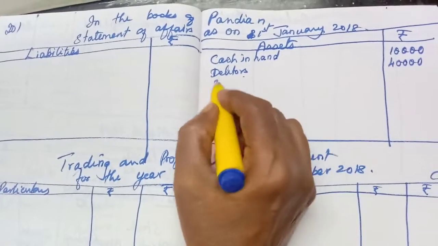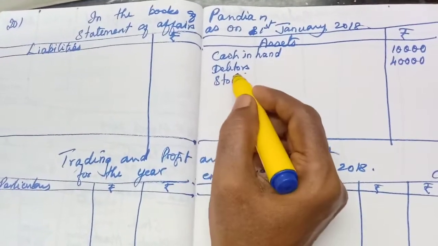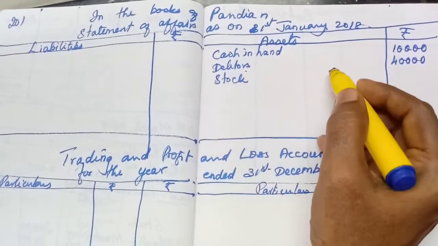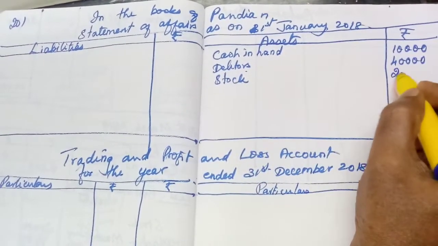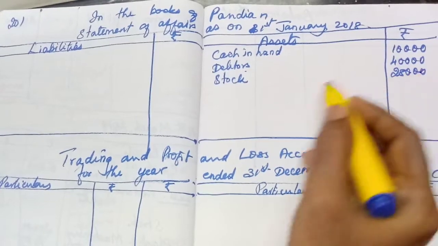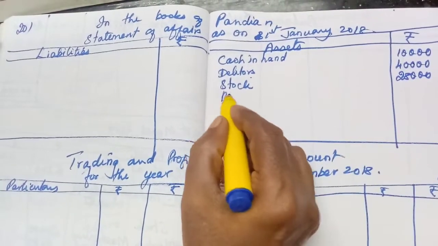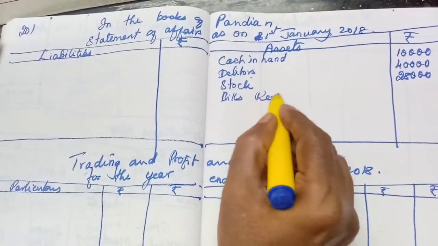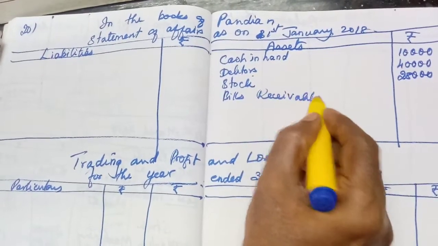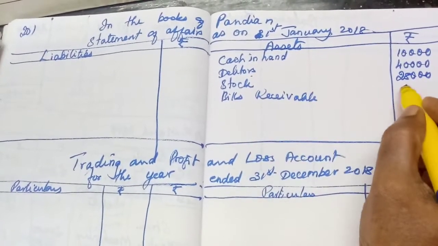Then stock 28,000. Bills receivable 12,000.